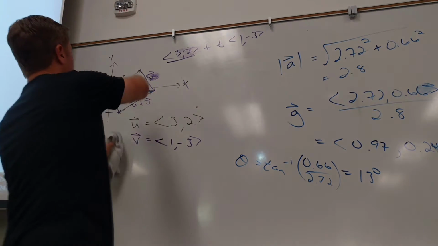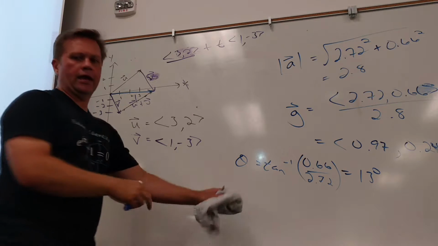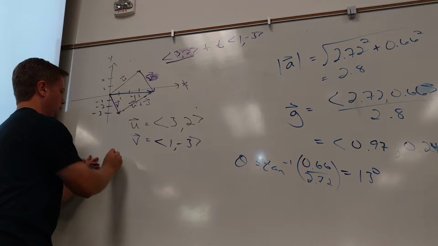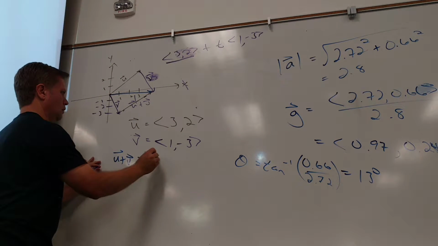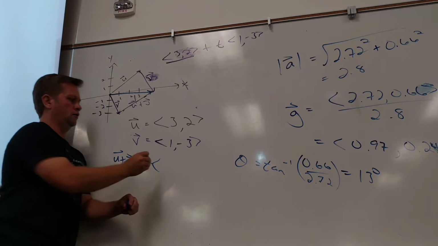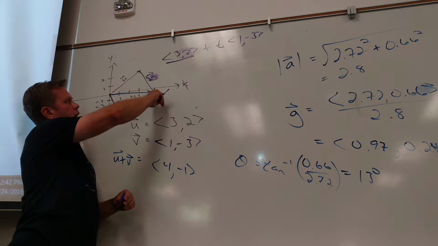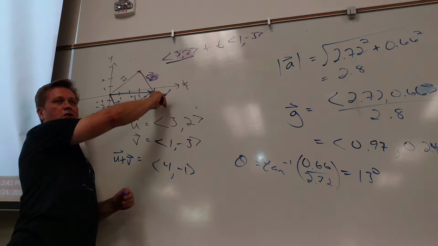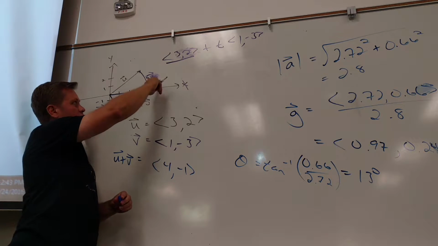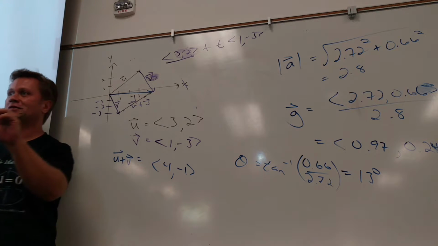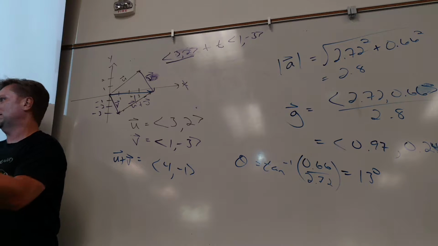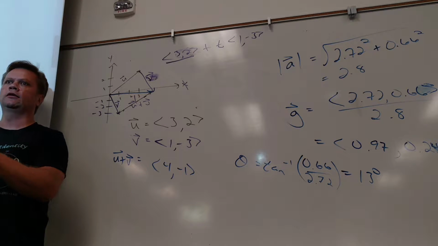So how would I add up here the u and the v? What's u plus v going to be? 1 plus 3. 4, negative 1. And doesn't it look like it's 4, negative 1? Yeah. With my horrible scale, it's actually really close considering that.